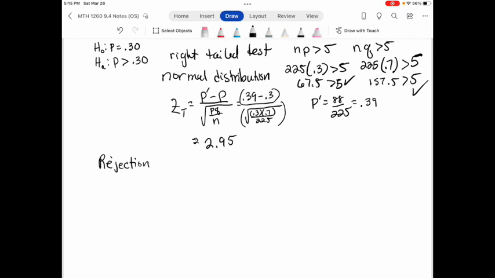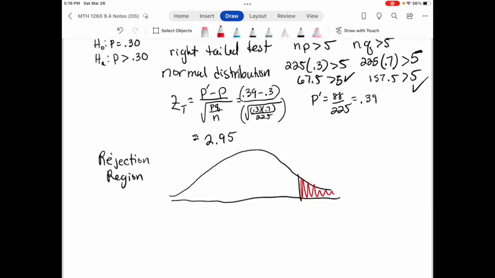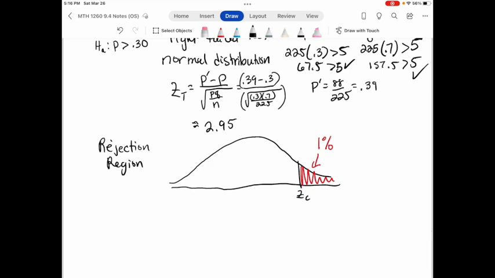Now, let's look at our rejection region. Since we're doing a 1% level of significance, I want to look for a rejection region that has an area of 1%. So I'm going to find z critical based on that. Now, when I put that in the calculator and do my inverse norm, I'm going to get 2.33.